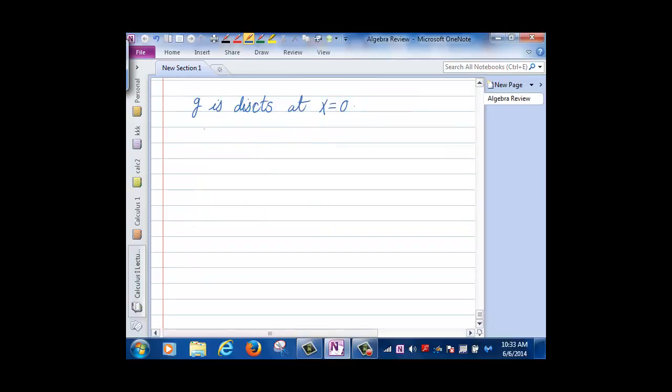This is a removable discontinuity. G has a removable discontinuity at x equals 0. Anyone has any questions on this?